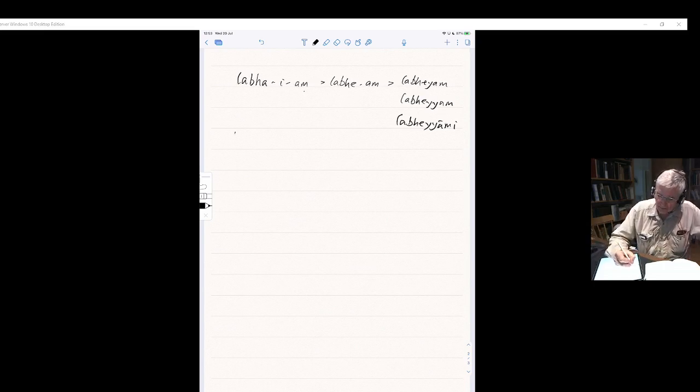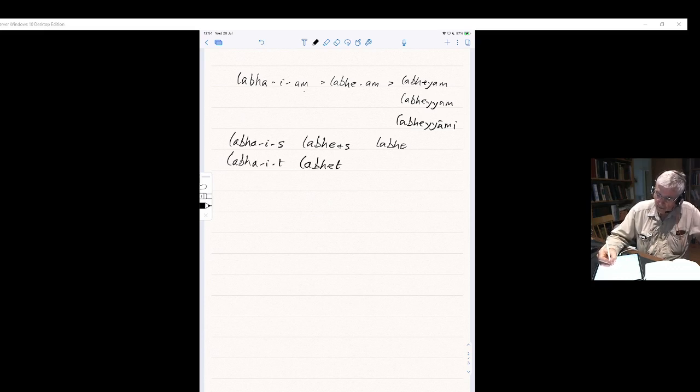So, taking this hypothetical form, I say hypothetical because you don't actually see it written like this. Labha with the second termination s: labhes, and becomes labhe. And equally, labha with t becomes labhet.